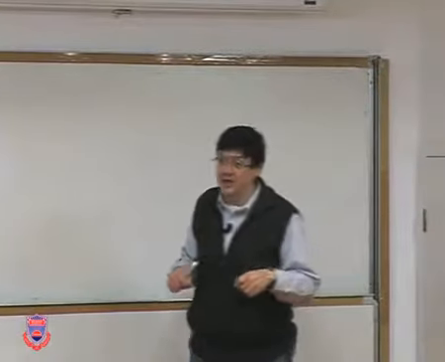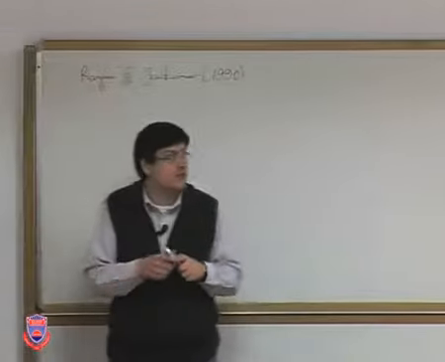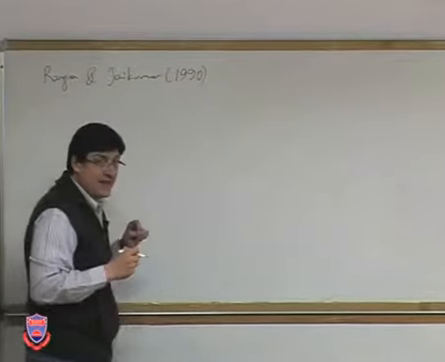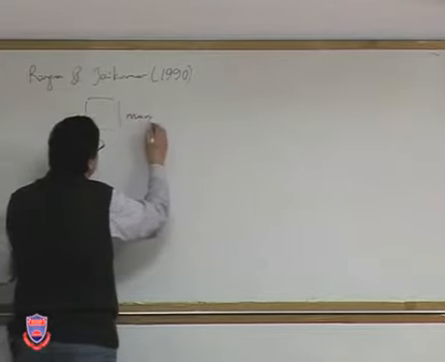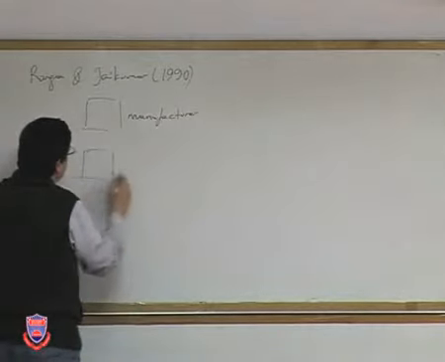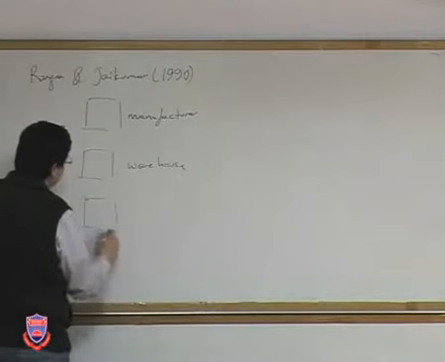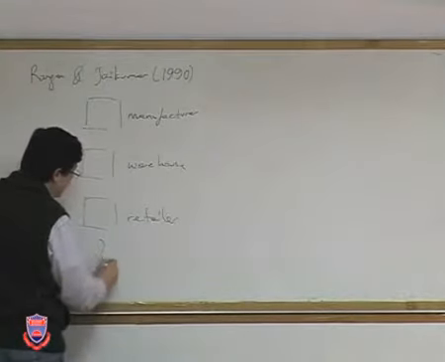So remember, we are drawing the figures for distribution systems quite frequently. In the system that they analyze, the structure is the following. Here you have a manufacturer, here you have a warehouse, and then you have the retailer, where the customer demand actually comes.